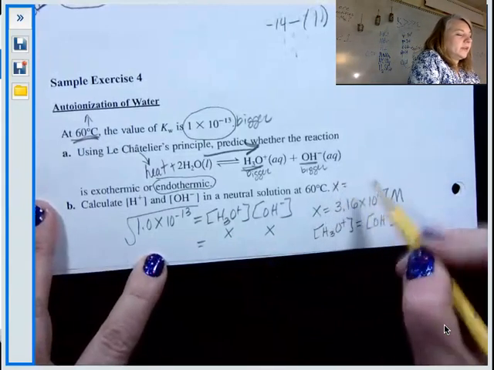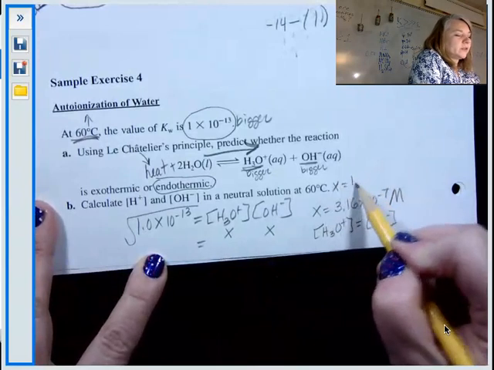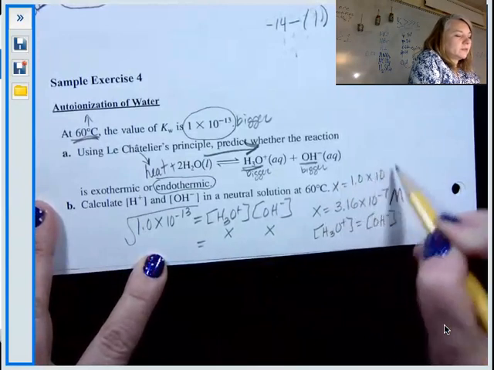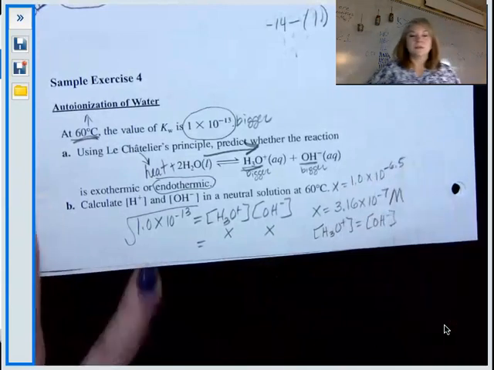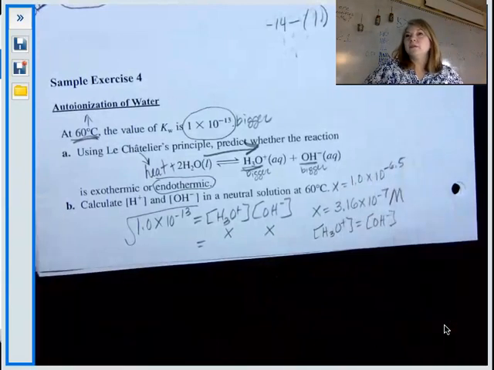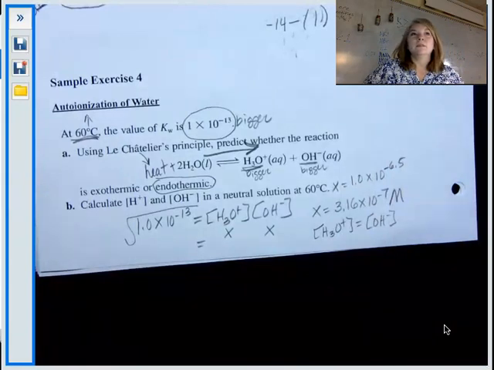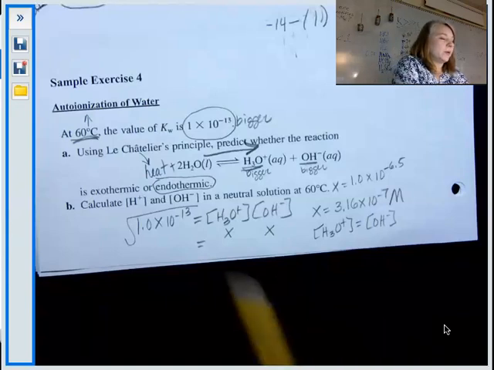What if you didn't have a calculator and so you got this answer? Is that the same number? It should be, shouldn't it? Because all I did, I took the square root, right?